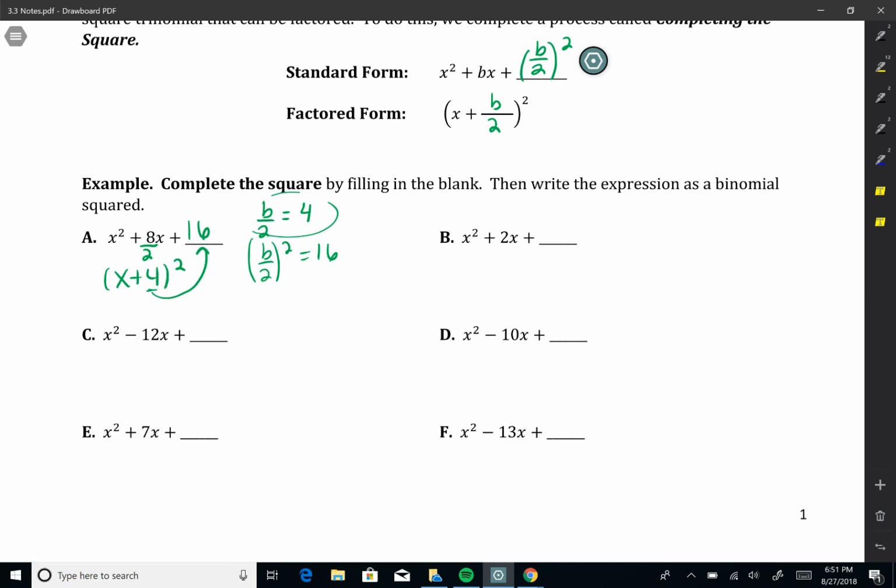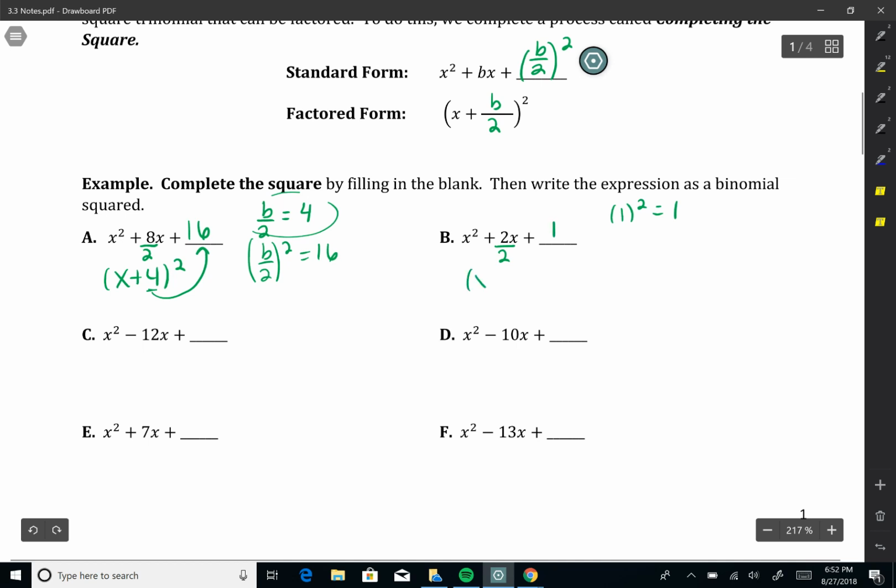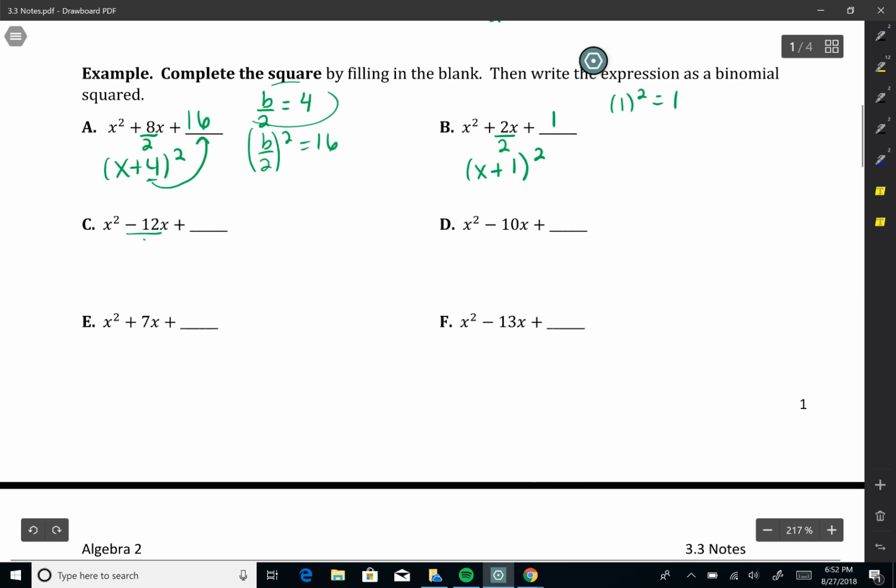In letter B, x squared plus 2x plus, well, we divide 2 by 2, which is 1, and 1 squared is 1. So we put that there. The factor is x plus half of b, which is 1, quantity squared. In letter C, I take negative 12 divided by 2, and that's negative 6.